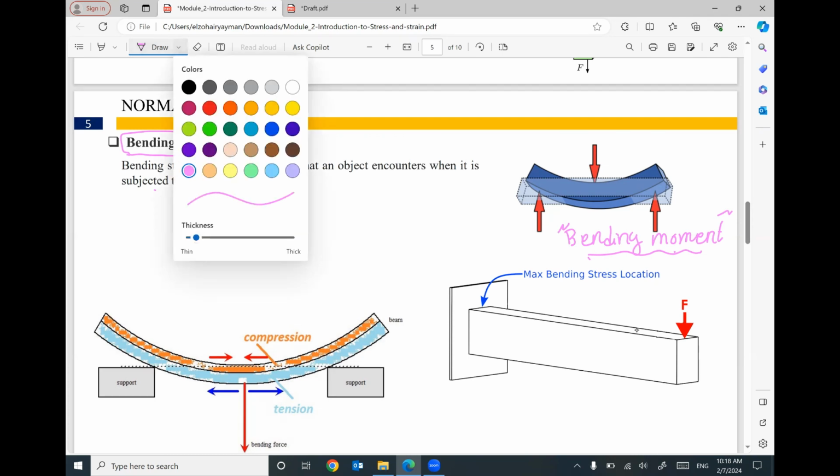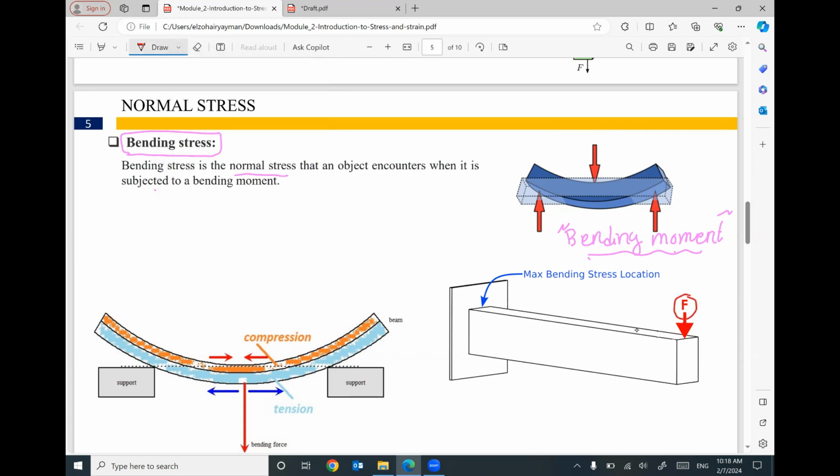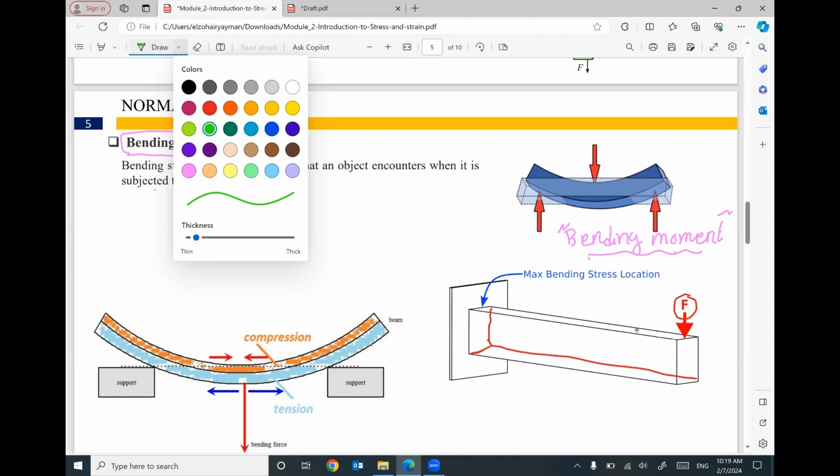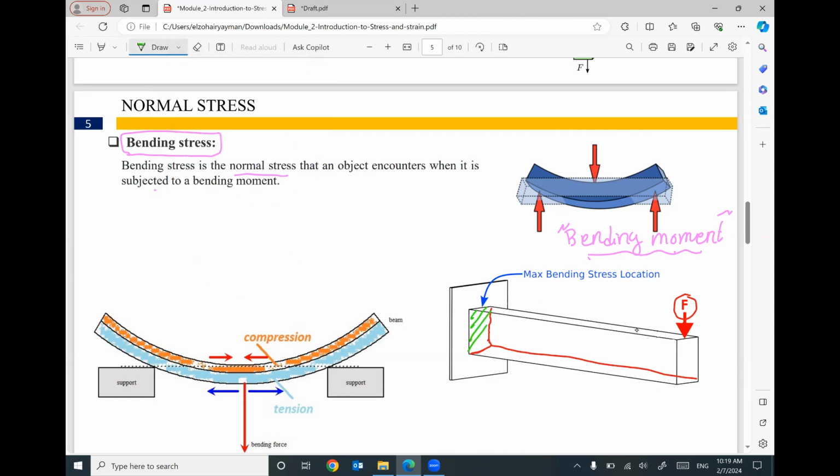So just look at this cantilever. We have a force F, and here is the cross section of this cantilever. The cross section at this fixation is this rectangle. If you multiply this force by this distance, you can create a moment. This is from engineering mechanics. Force times distance will cause a moment.